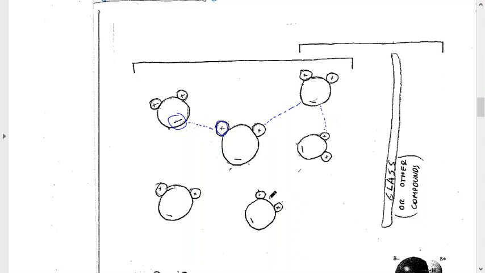All right, hopefully you've had a chance to do that. Let me go ahead and finish drawing some. You might have an attraction here, here, and here. But what I want you to remember is that one hydrogen can only form one bond.